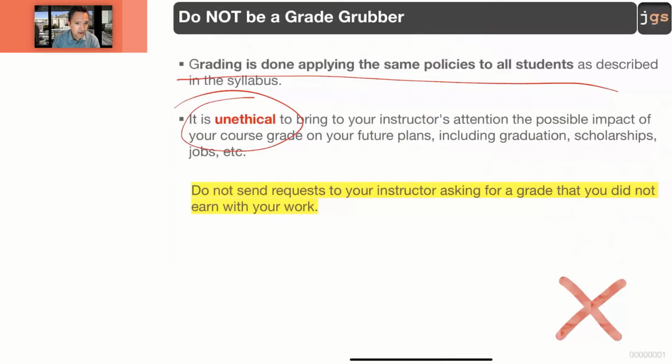Believe me, Canvas does the calculation, Excel does the calculations. Neither the TAs nor myself are calculating your grades manually. We do not make any distinction, like, this is the grade for this student, this is the grade for that student. Excel calculates everything, and it's the same equation for everyone. And yes, in order to get an A+, the cutoff is 97.